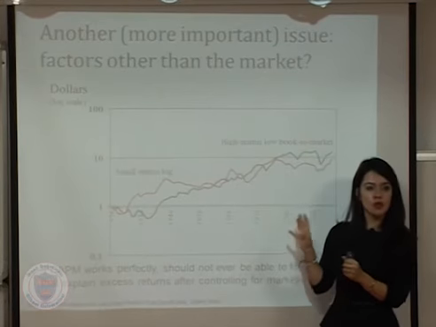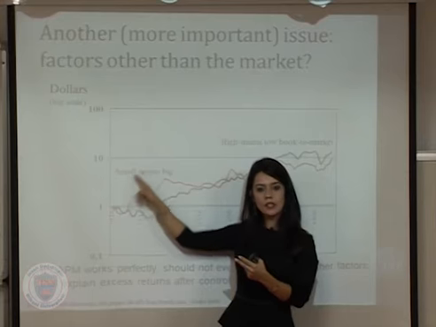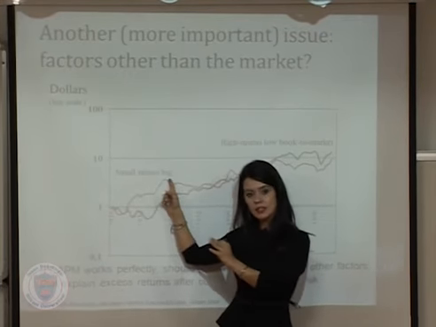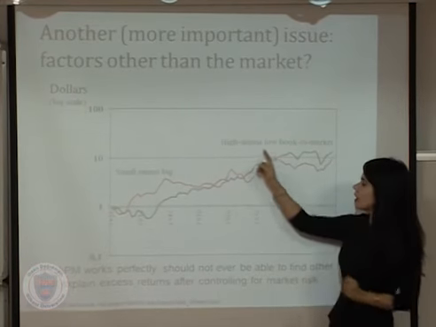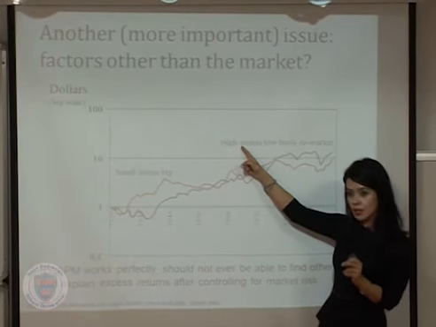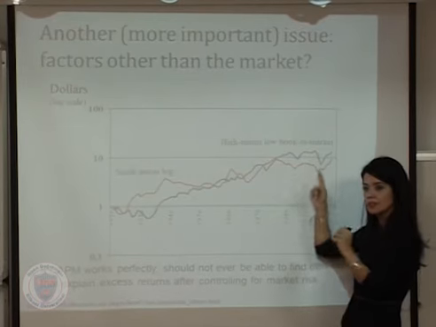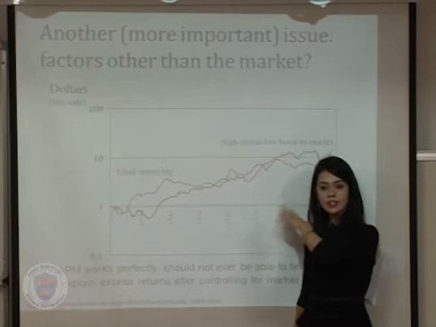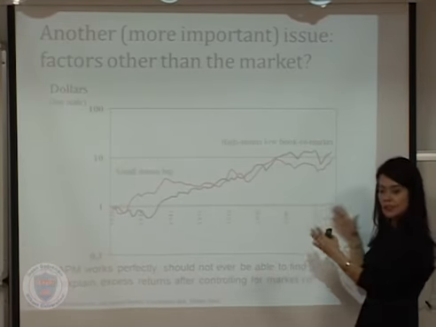They created portfolios with two more factors as well. Here, they created a portfolio where they buy small stocks and sell big stocks. They also created another portfolio where they buy high book-to-market stocks, value stocks, and then sell growth stocks. If those factors didn't explain anything, you wouldn't see a trend in the line.